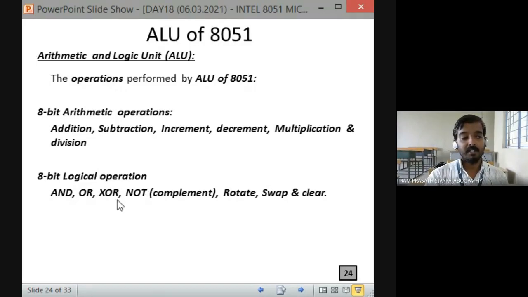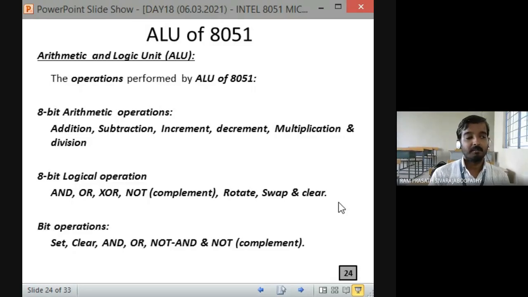In 8085 we had AND, OR, XOR, NOT, rotate. Here we have swap and a dedicated instruction for clearing the accumulator register. Then for bit operations we have set, clear, AND, OR, NOT. So these are the operations that can be done by the ALU of 8051.